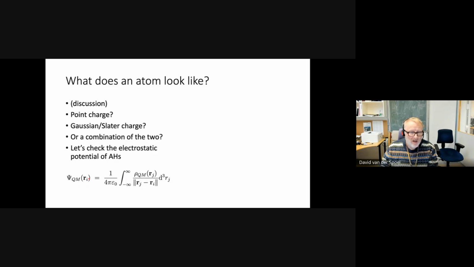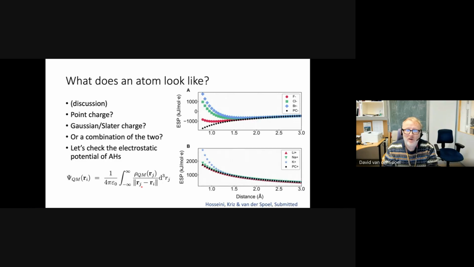If we are probing the electrostatic potential at Ri, then we have to take an integral in 3 dimensions of the quantum mechanical charge distribution, including the core and all the electron cloud over all space. And if we do that, we get the following kind of curves.